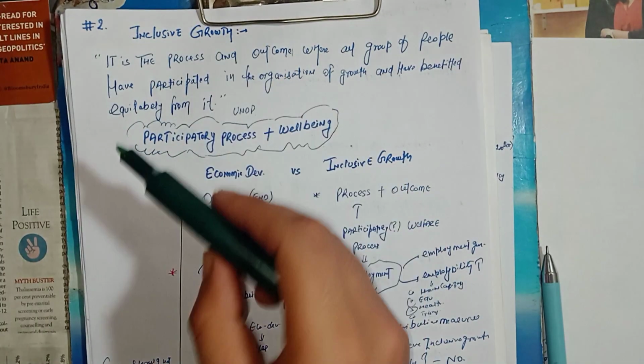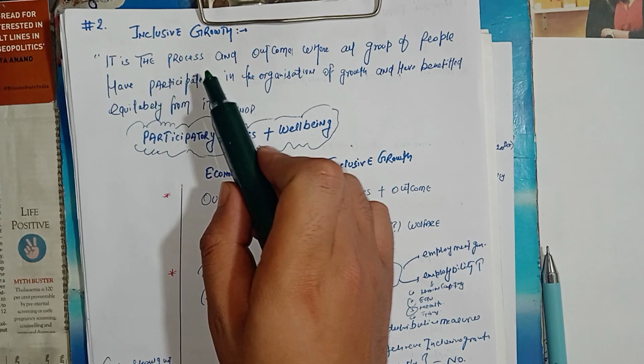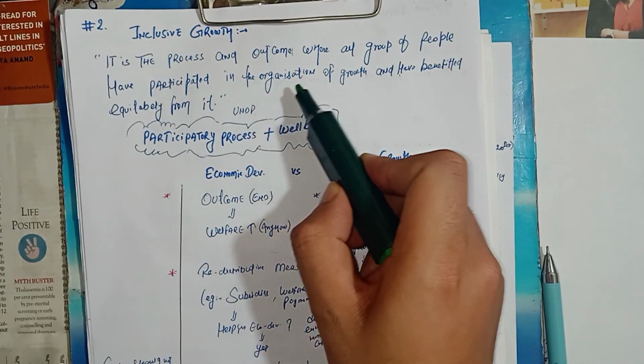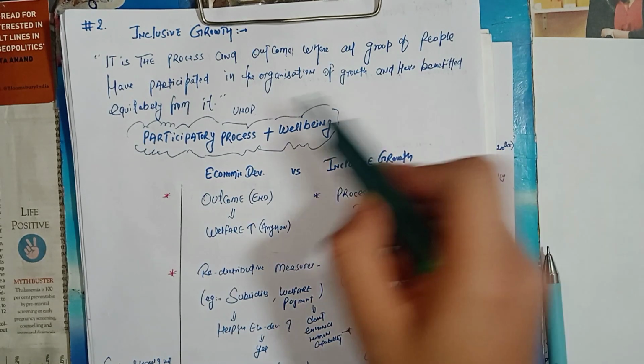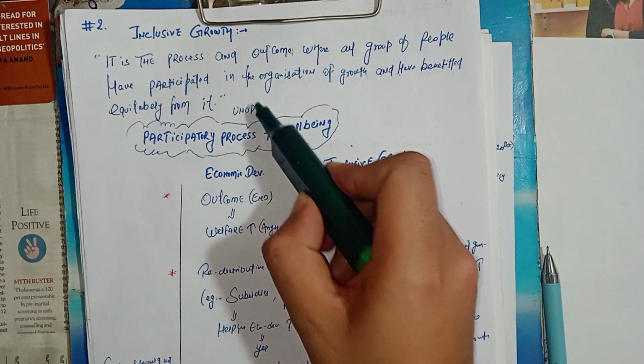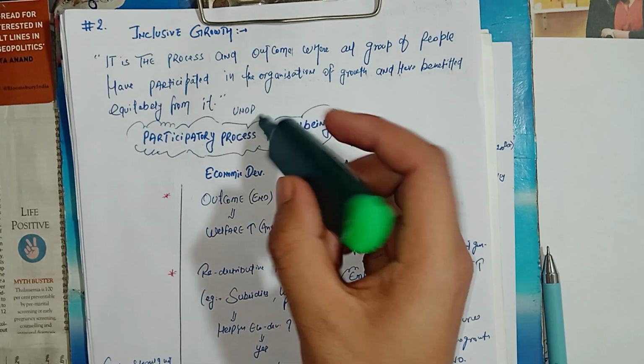So inclusive growth is the process and outcome where all groups of people have participated in the organization of growth and have benefited equitably from it. This is the definition of inclusive growth given by UNDP.